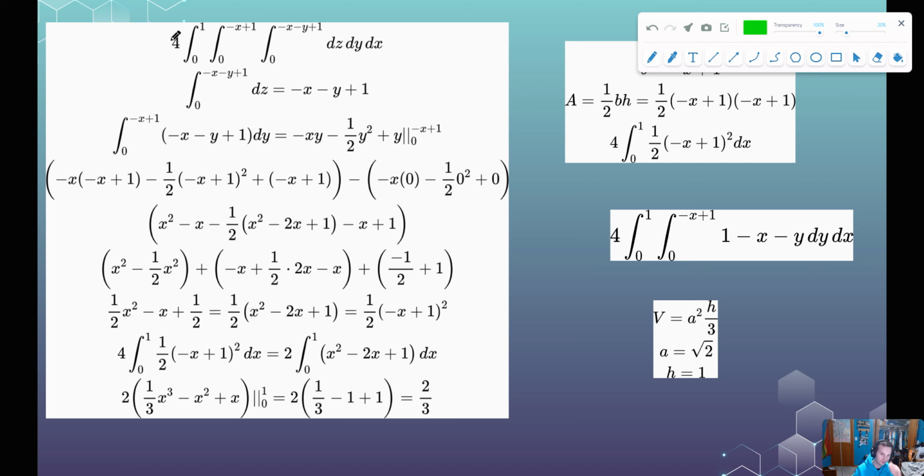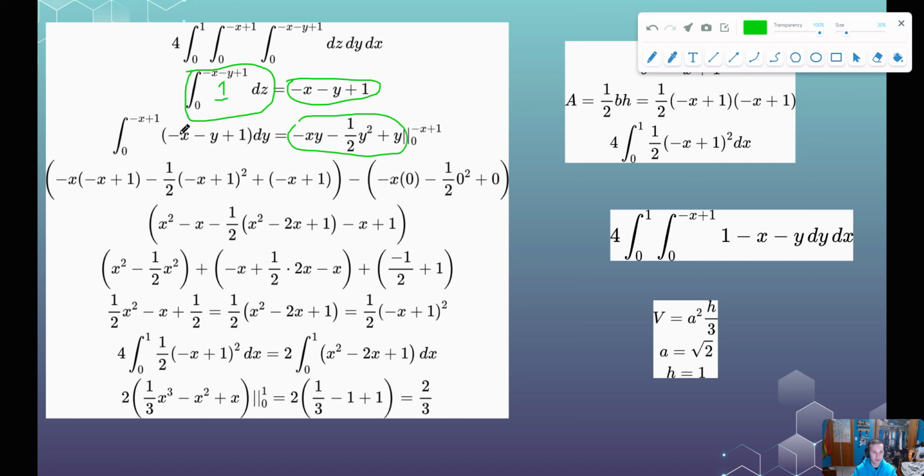So we're just going to multiply by 4. And now we're going to go ahead and evaluate this. The first integral that we're going to be doing is just 1 dz with our limits, and that's going to spit out an expression. Then we're going to go to our second integral, and we're going to get this antiderivative.